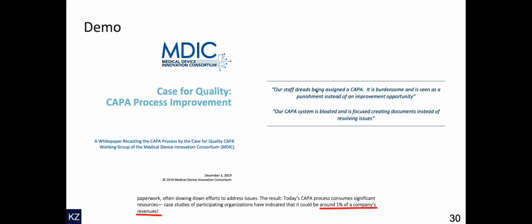And the reason being, this is a common observation, because this is done by the industry consortium itself: our staff dreads being assigned a CAPA. It is burdensome and it is seen as a punishment instead of an improvement opportunity. I mean, that's very unfortunate. Our CAPA system is bloated and is focused on creating documents instead of resolving issues.